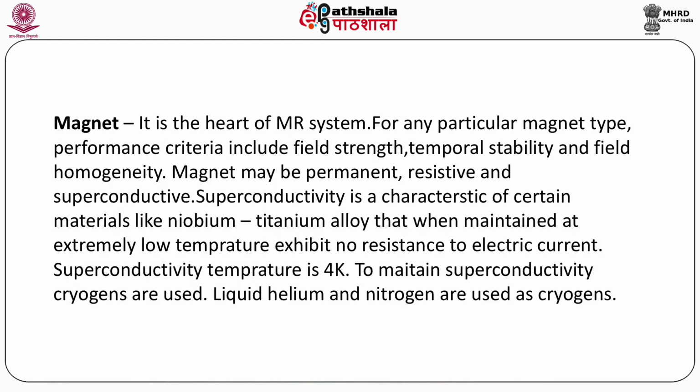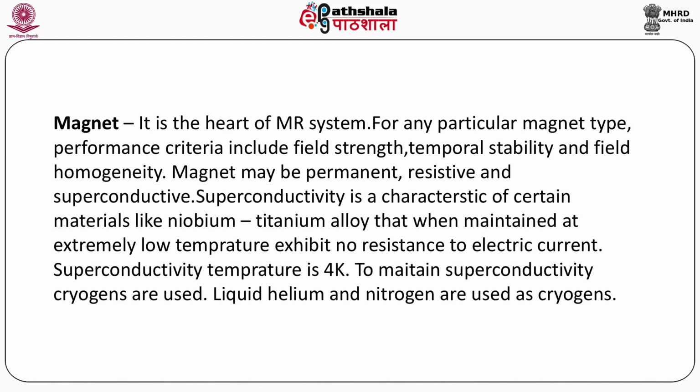So first of all is the magnet. It is the heart of the MR system. For any particular magnet type, performance criteria include signal, temporal stability, and field homogeneity. Magnets may be permanent, resistive coil magnets, or superconductive coil magnets. Mostly superconductive coils are used.